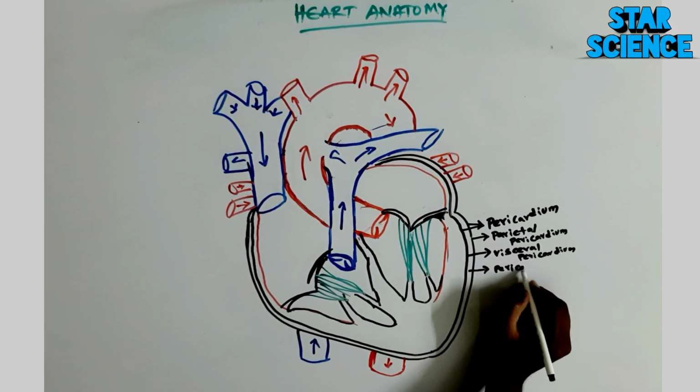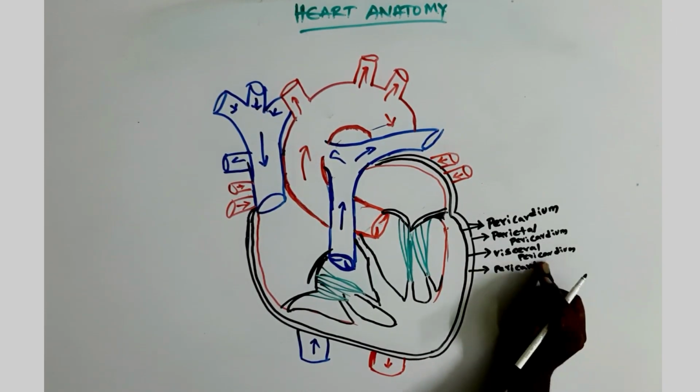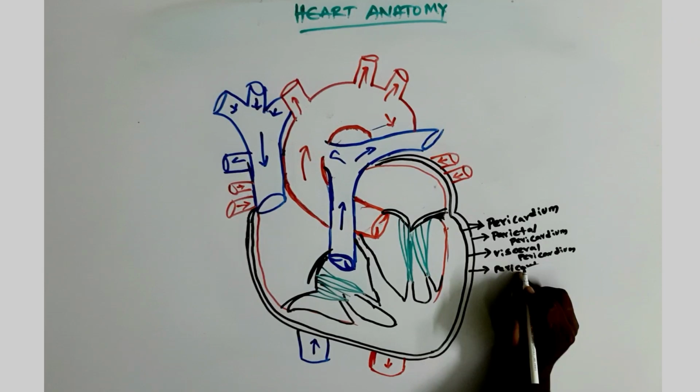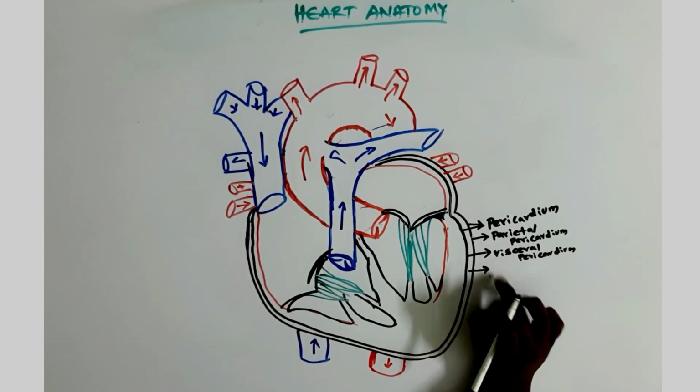Right now we are seeing that in between these two layers there is a gap in white. It is called the pericardial cavity. So this is the outer layer of the heart. In between these two layers, it is called the pericardial cavity or pericardial space.